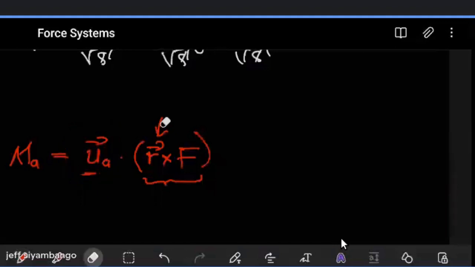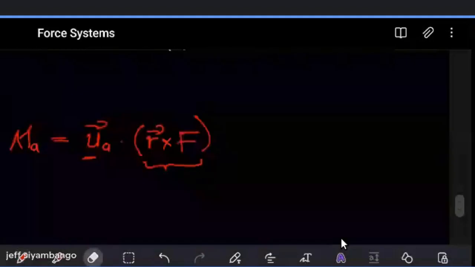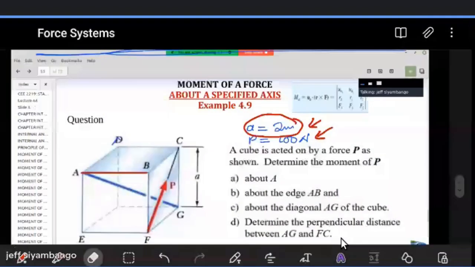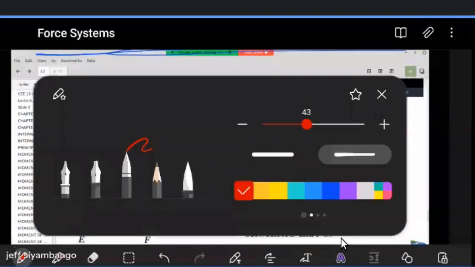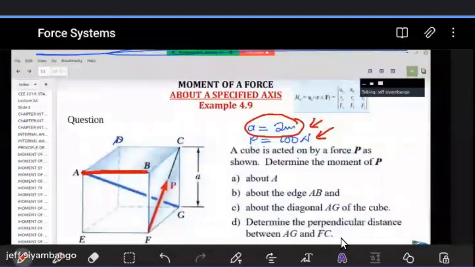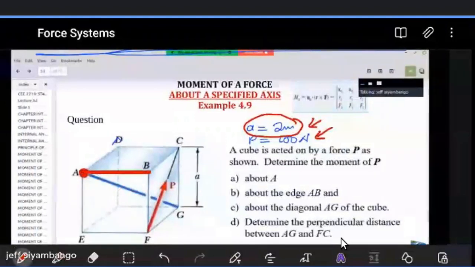In our current question, notice that we need a point that lies along the line AB. But notice that the previous question we were working out actually used a point that lies along this line, because we determined the moment about the point A. The point A lies along that axis.